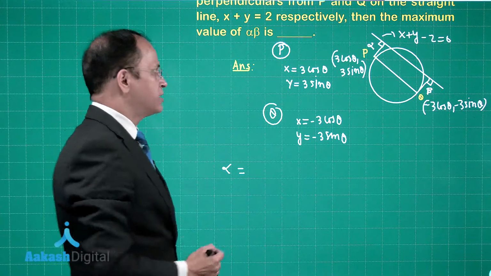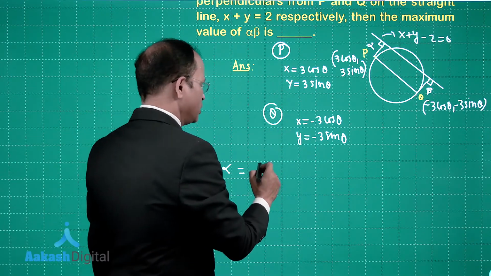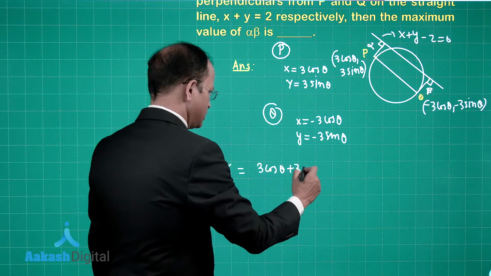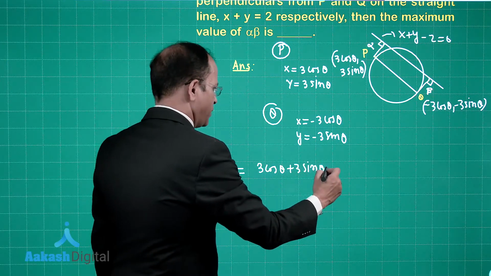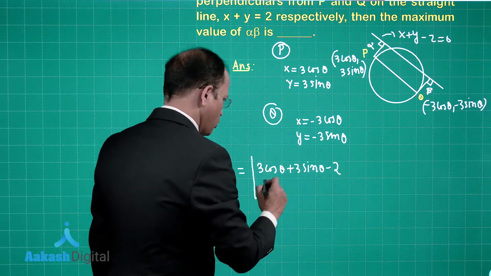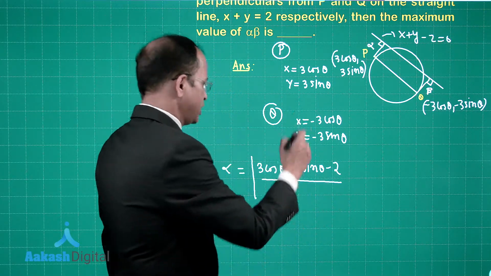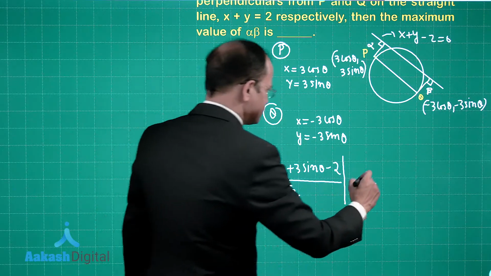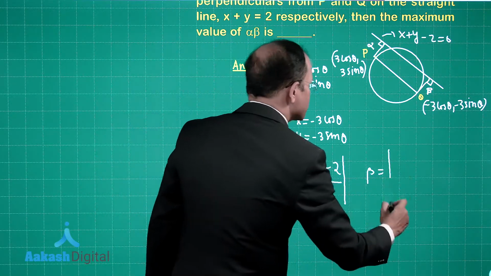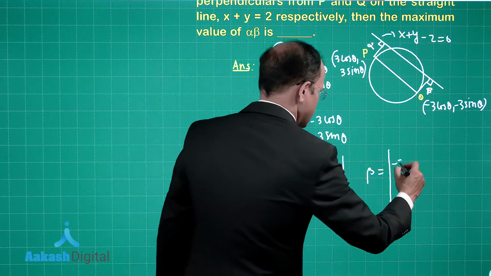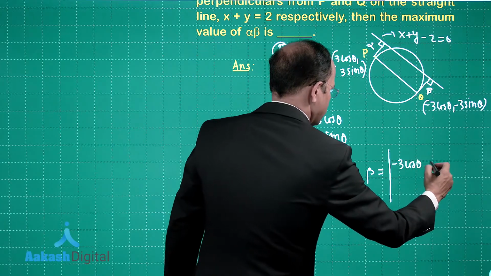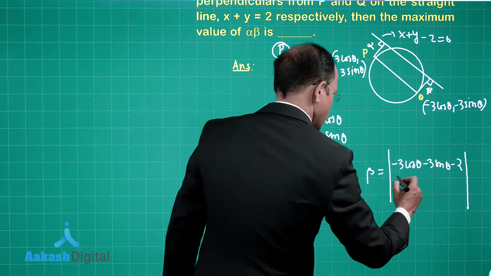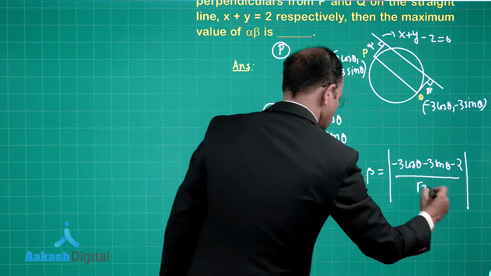So alpha is 3 cos theta plus 3 sin theta minus 2, whole divided by root 2. Then we have beta. Beta is coming out to be again minus 3 cos theta minus 3 sin theta minus 2, whole divided by root 2.